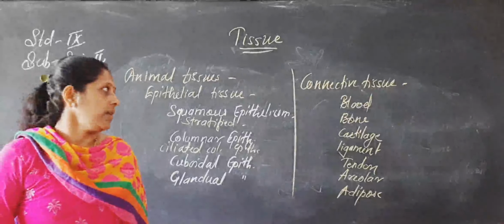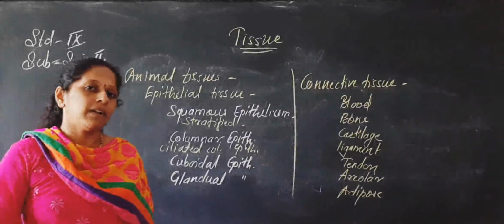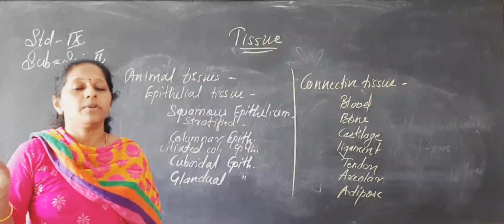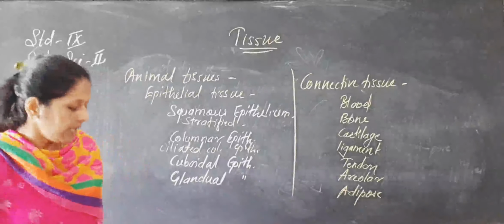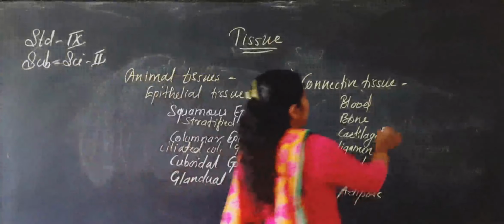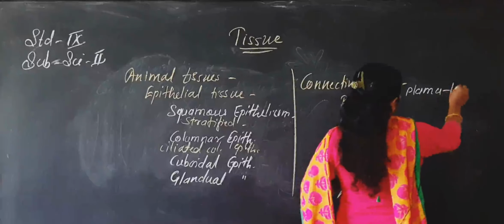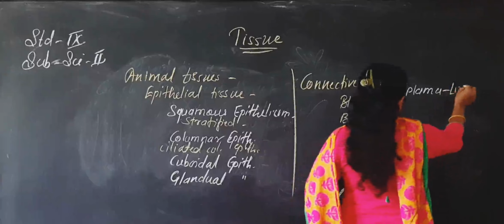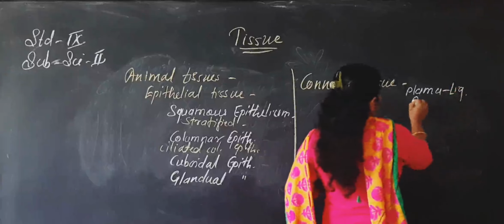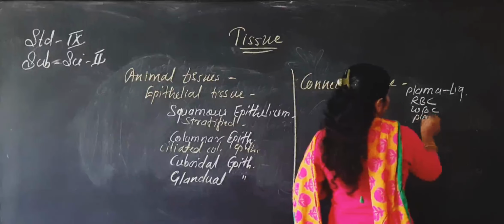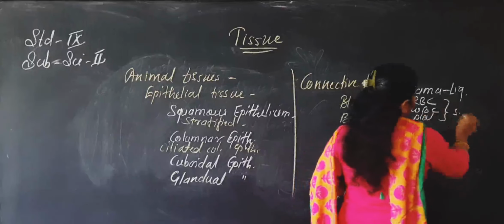If you take the example of blood, blood is made up of four components: RBC, WBC, plasma, and platelets. In the blood, plasma is in the liquid form, and RBC, WBC, and platelets are in the solid form.